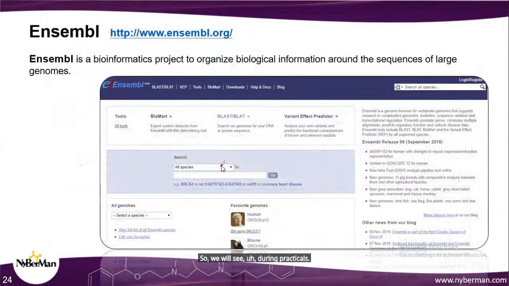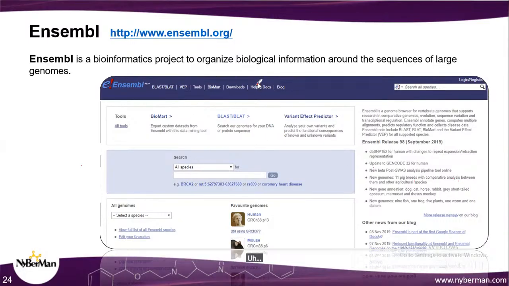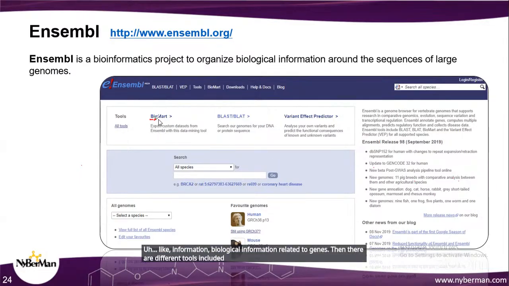I'm just skipping this fast so that we can do some practical session if we have time. And this is the interface for the Ensembl database, which has biological information related to genes. Then there are different tools included within it, such as BioMart, then we have BLAST, then we have VEP.